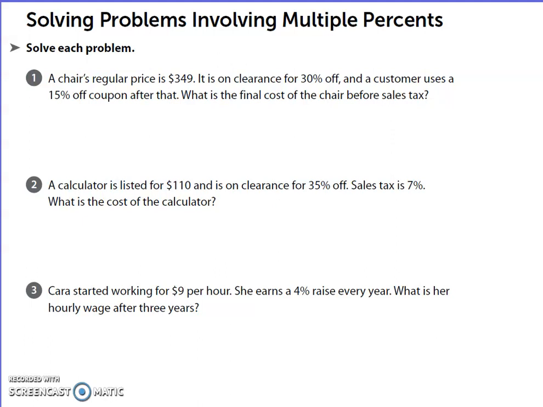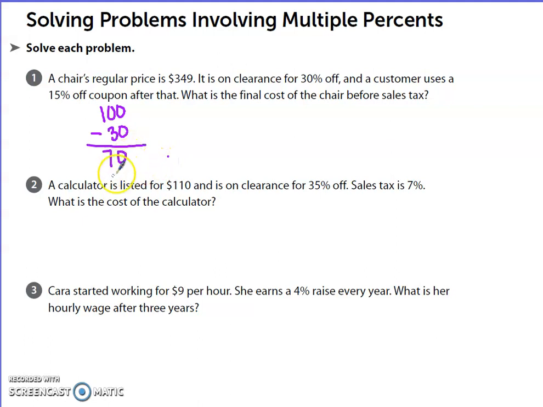So we always start with 100% of the chair. 100% of the cost of the chair is $349. It's on clearance for 30% off, so I'm going to subtract 30%, and I'm going to only pay 70% of that total price.